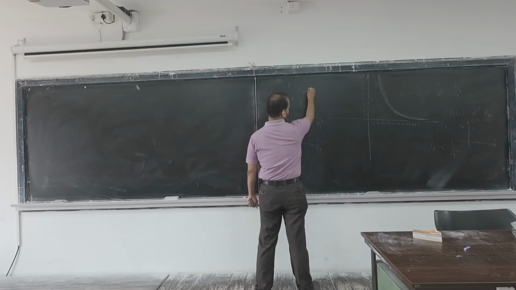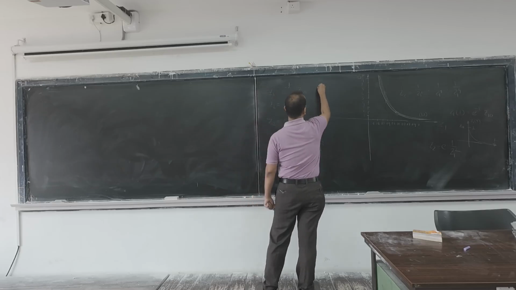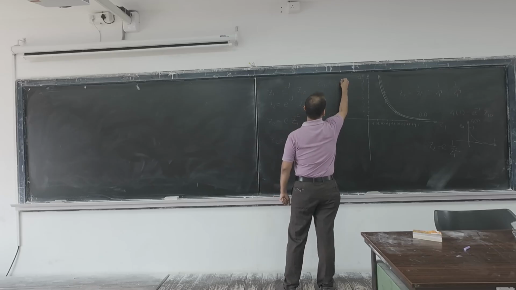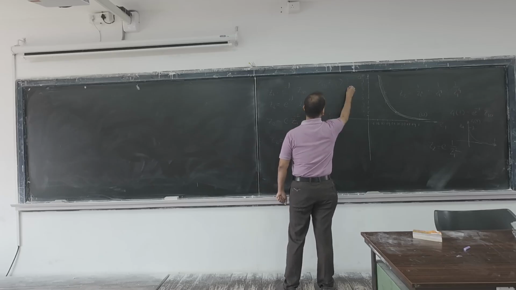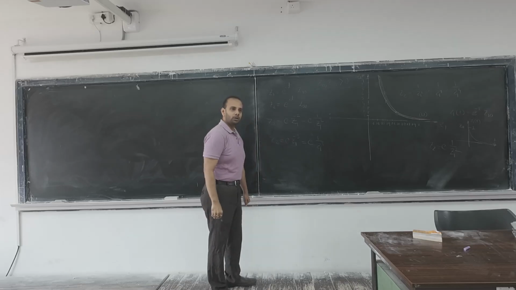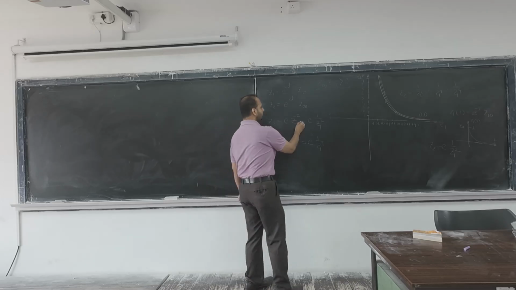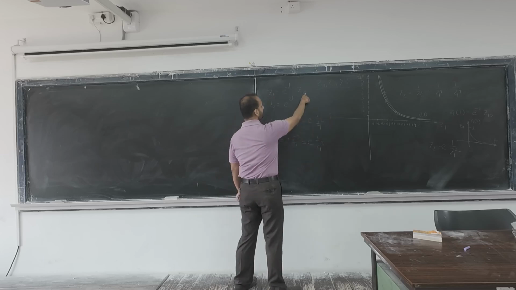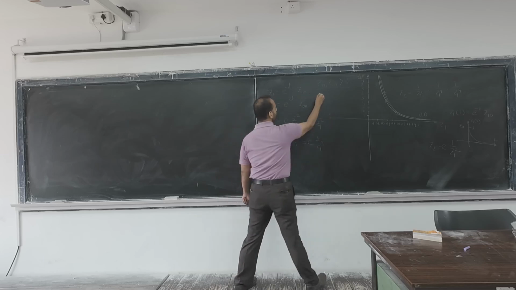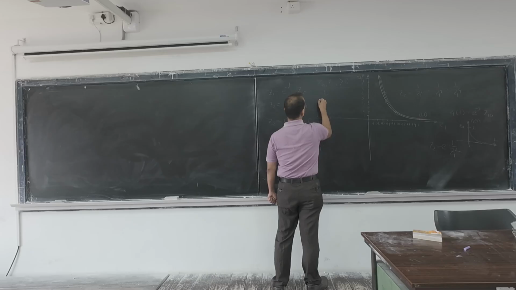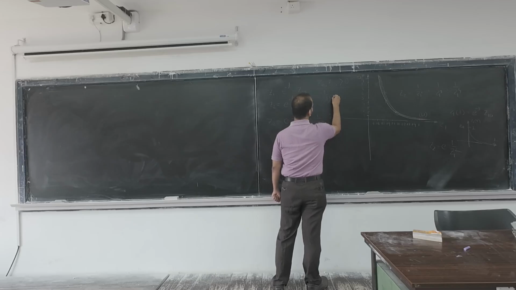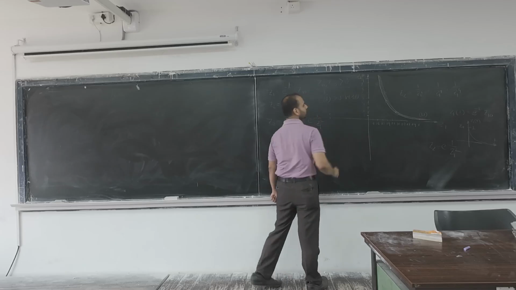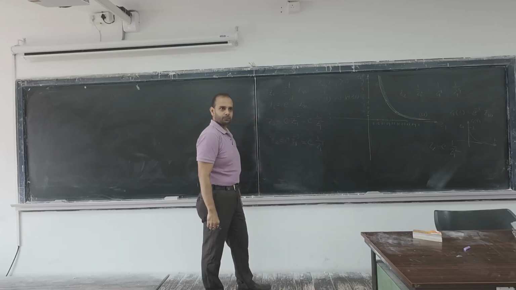At this moment, suppose Z1 0 and Z2 0 are both greater than 0. If it is so, then what will happen? Like this Z1 square, what did I say? If Z1 0 is positive, then Z1t will be greater than 0 for all t greater than or equal to 0, isn't it?